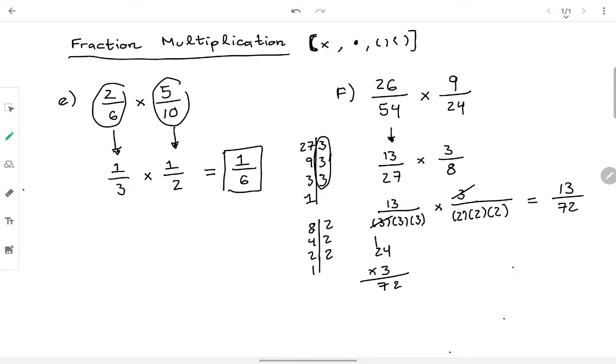So the answer to this problem will be 13 over 72. Remember, you can also multiply first and then make all the simplifications. It's up to you. If you do that process, you will need to get the same answer, 13 over 72.